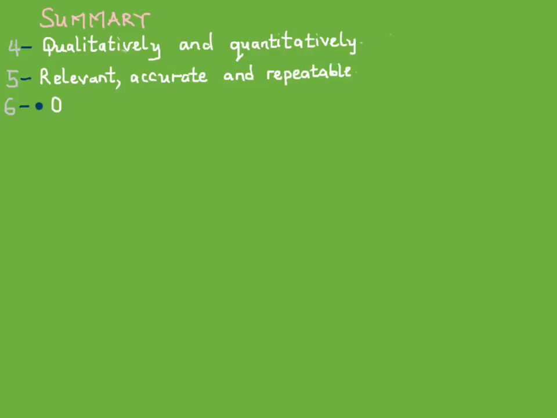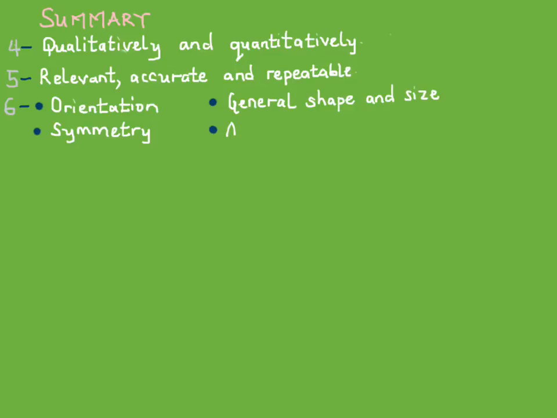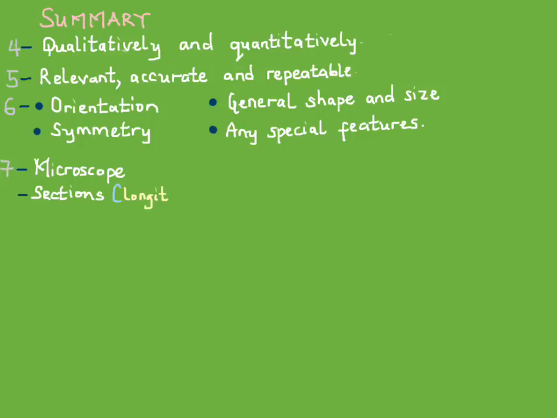A description of the external structure of an organism should include the orientation, symmetry, the general shape and size, and any special features of note. In the laboratory, very tiny organisms are observed with the aid of a microscope. Sections of internal parts are also studied with the aid of a microscope.